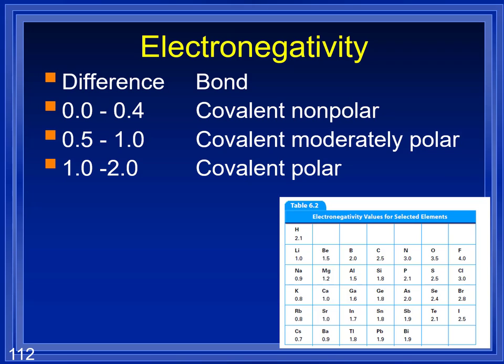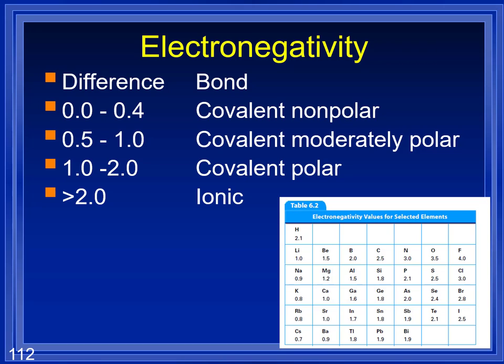But what happens if you get a difference bigger than 2? That means one is pulling really hard and the other one's not pulling back. What happens when one pulls really hard and the other one doesn't pull back? But they take it, right? So if the difference is bigger than 2, it's ionic.